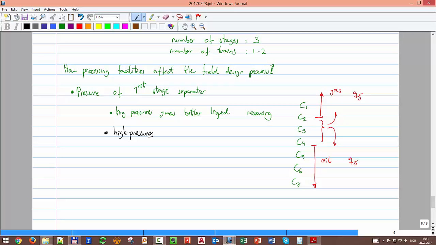If I increase this one, that means that I will have less flow rate. So even if I have a nice recovery of liquid, at the end the overall rate will be less, because the driving force is also reduced. So high pressures reduce production rates from the reservoir.